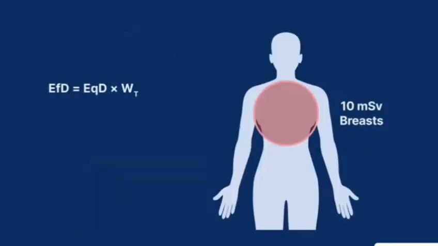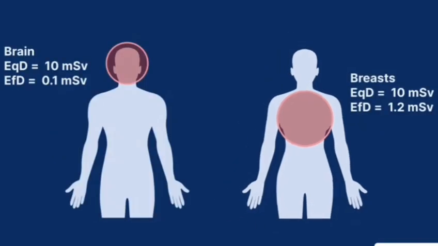The same 10 millisievert equivalent dose to the breast equals an effective dose of 10 millisieverts multiplied by 0.12, that's the tissue weighting factor for the breast, which equals 1.2 millisieverts. So it's the same equivalent dose, but a different tissue weighting factor results in a different effective dose and a different risk of cancer. This is because the breasts are more sensitive to radiation than the brain.